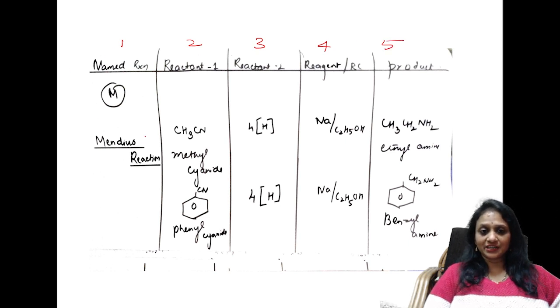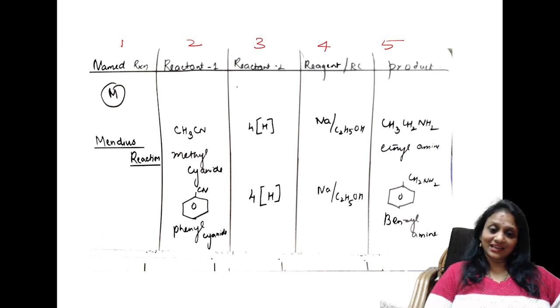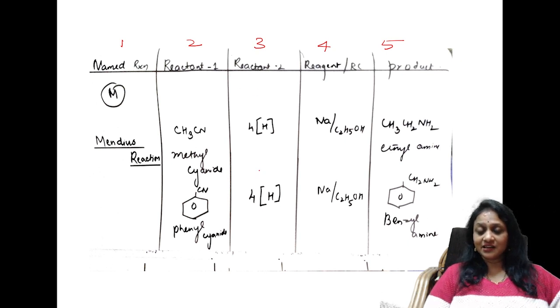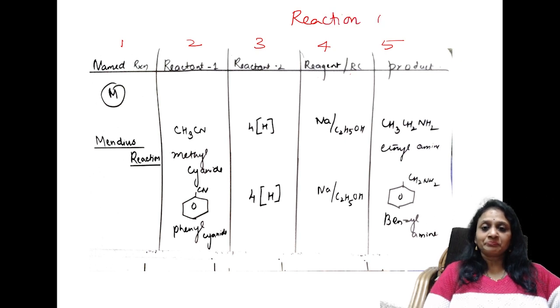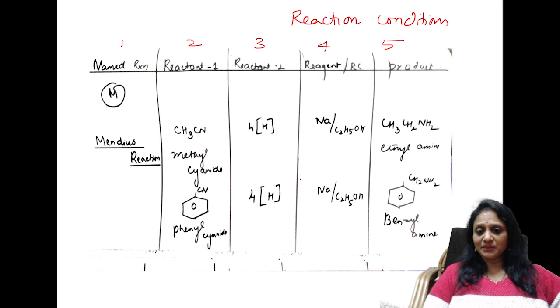Then the name of the reaction, the reactant participating, and any other reactant along with the reagent or the reaction conditions. RC stands for reaction conditions, like any temperature, pressure or catalyst; I'll mention it here. Along with that, the final product. That is the strategy, students.